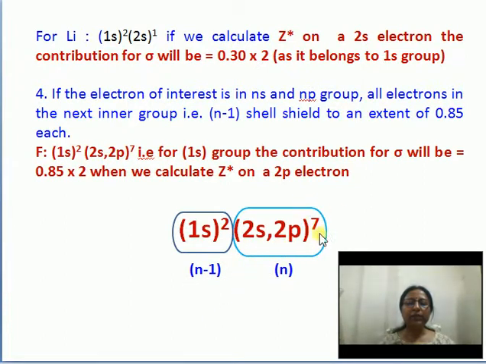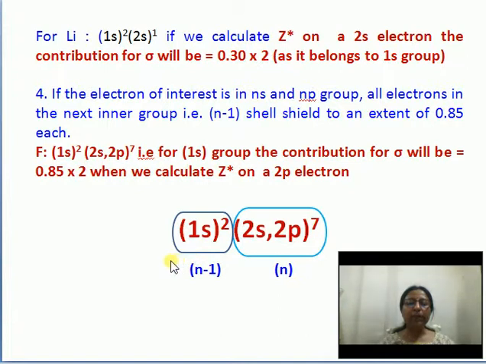This has 7 electrons, so this is the nth group. And inside there is a 1s group. 1s2 electrons are there, and the principal quantum number for this is 1. Here it was 2 and here it is 1. So this is called the N-1 shell, and for that the contribution will be 0.85. Here the contribution was 0.35, and now in the inner shell the contribution is more, 0.85.